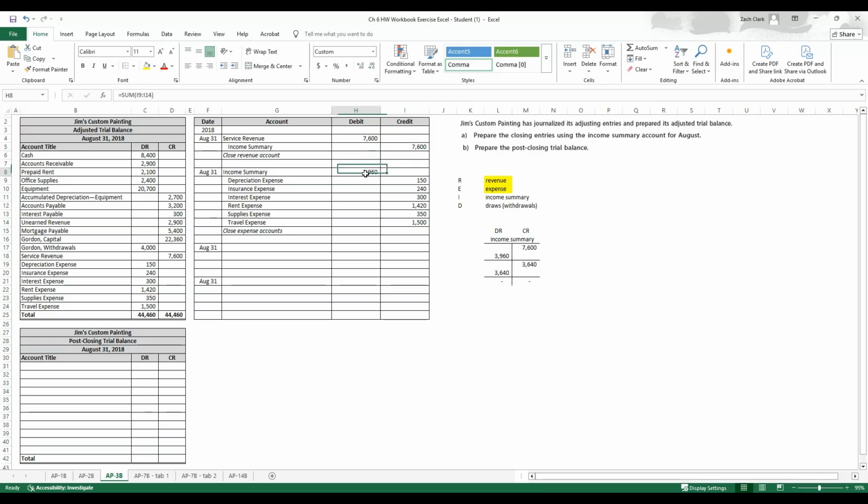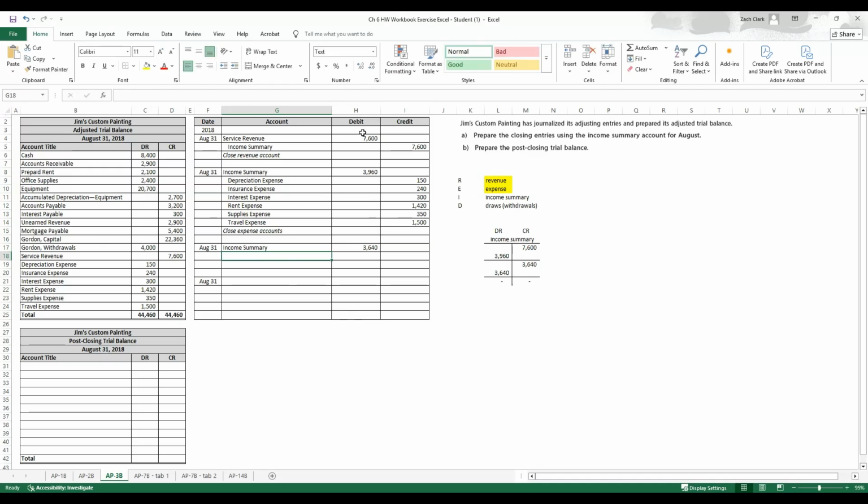So in order to get these debits and credits to match, to zero that account out, we need to debit the income summary. Now when we add these two debits, we see 7,600, and then a credit for 7,600. So that balances us out. That's one way to do this without having to go through the process of drawing out the T account.